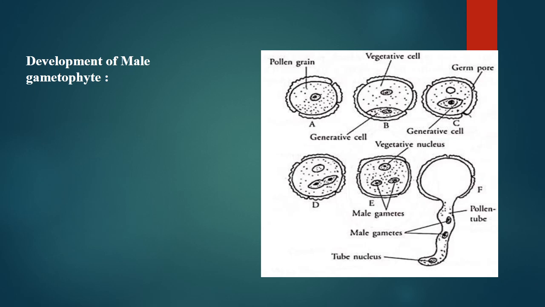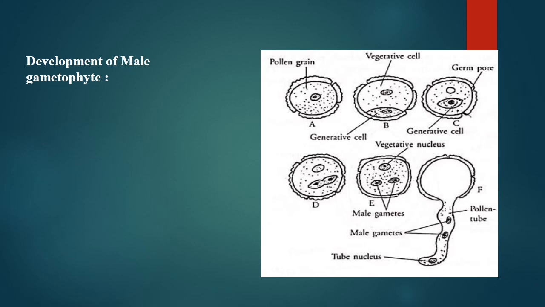The second mitotic division concerns the generative cell only and gives rise to 2 non-motile male gametes. The mitotic division of the generative cell takes place either in the pollen grain or in the pollen tube.